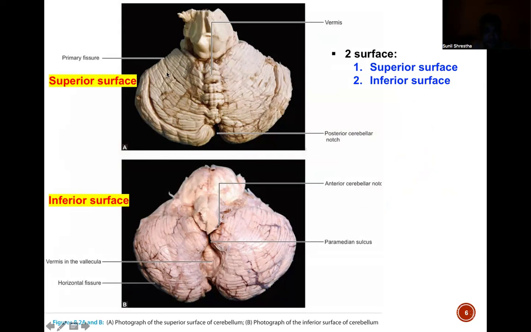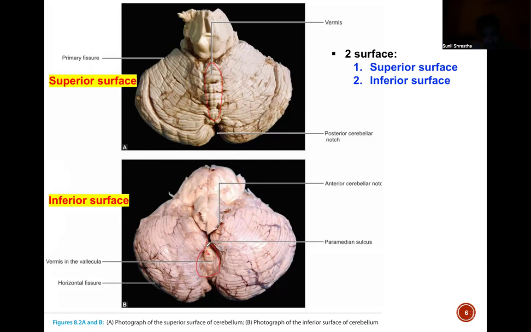In between the superior surface and inferior surface, there is one feature, and that feature is called the horizontal fissure. The two hemispheres are connected with each other with the help of the vermis. You can even see the vermis from the inferior surface. Yes, this part is called the vermis.